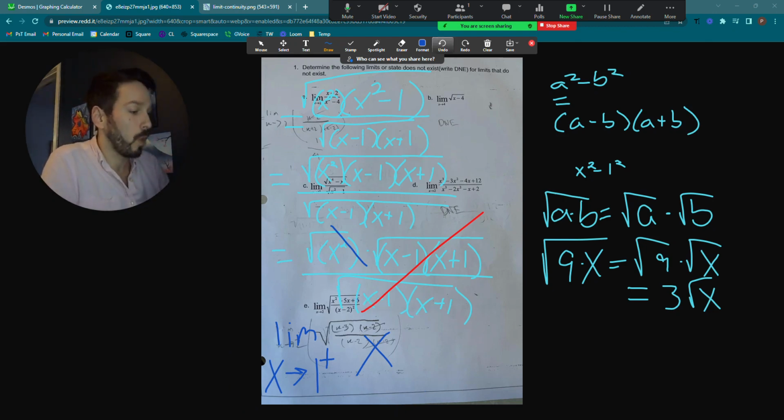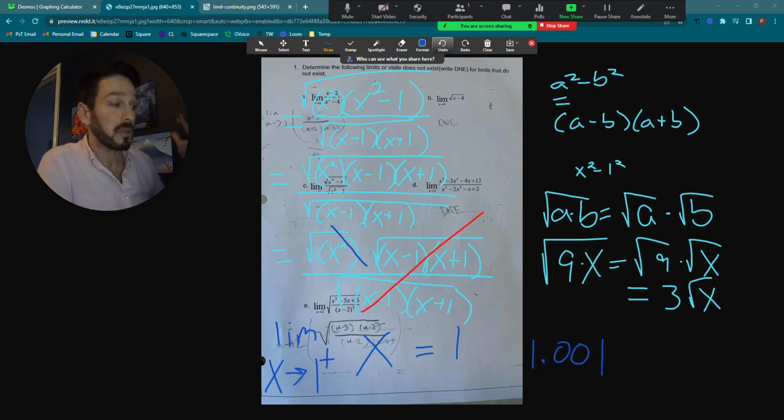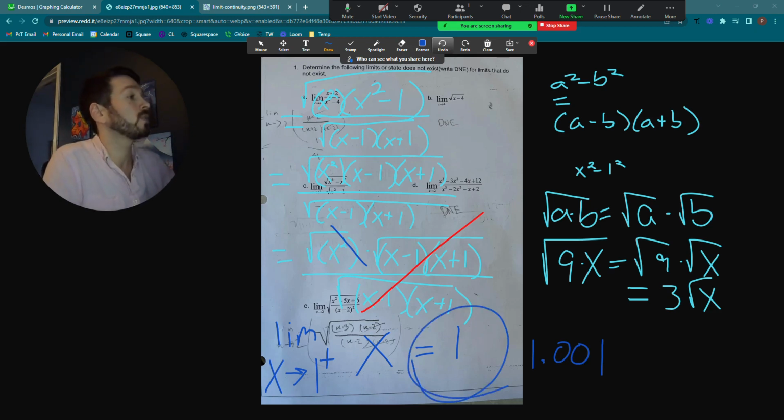So if we were to plug in 1 at this point, you would just get 1. And essentially you're saying x is approaching 1, y should be approaching 1. But they did say from the right, so if you weren't absolutely sure, you could plug in 1.001, okay? And you would get out 1.001, okay? So I believe the answer is 1.